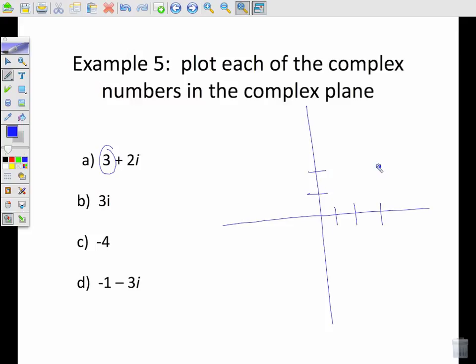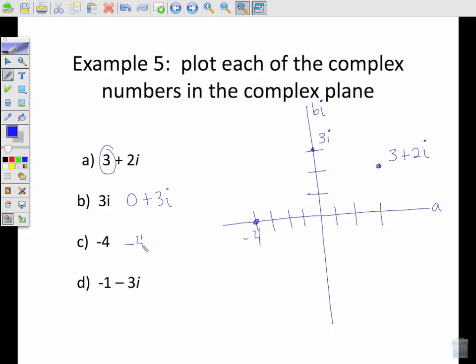The first number, the 3, is an x. So you go over 3, and then 2i is up 2, right there. This is 3 plus 2i. This becomes the bi axis, and this is your a axis. 3i would be as if you had 0 plus 3i, so just up 3.